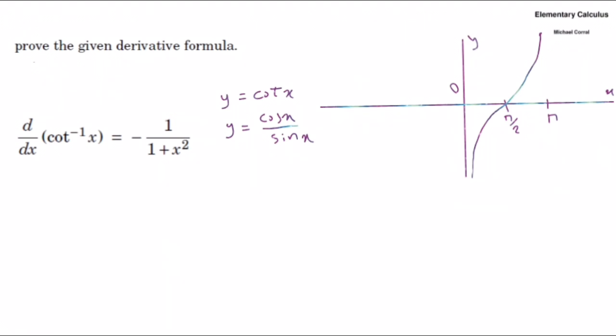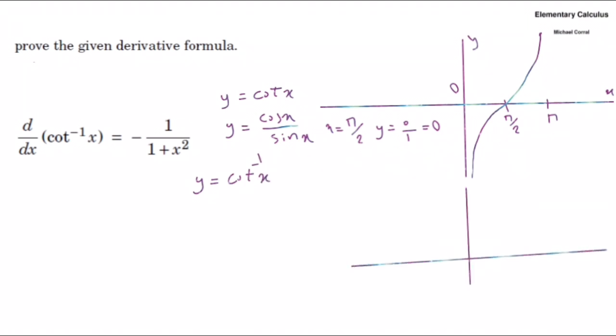And when x equals pi over 2, y equals 0 over 1, which equals 0. And the inverse function y equals the inverse function of cotangent x, its graph is like this.